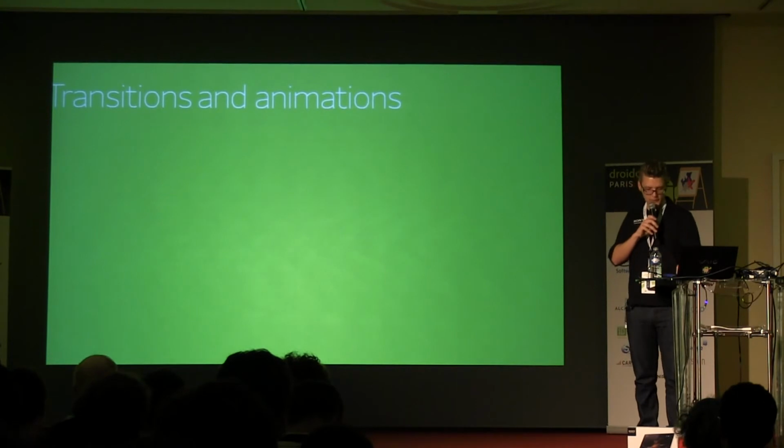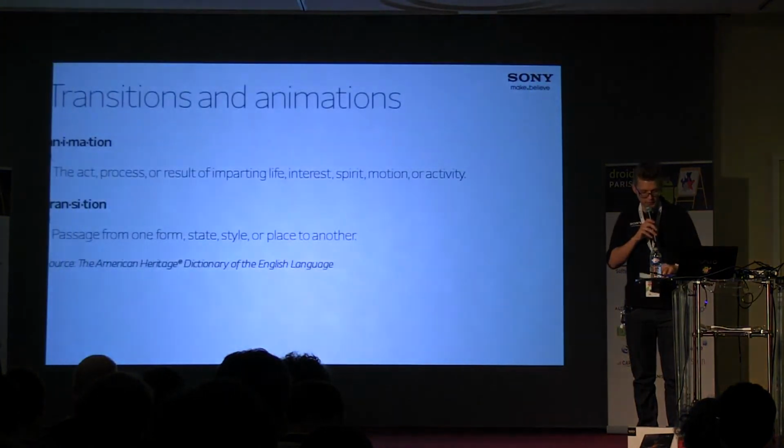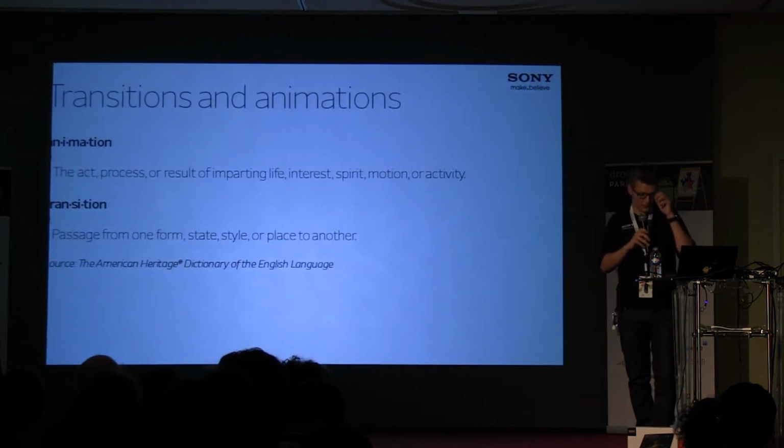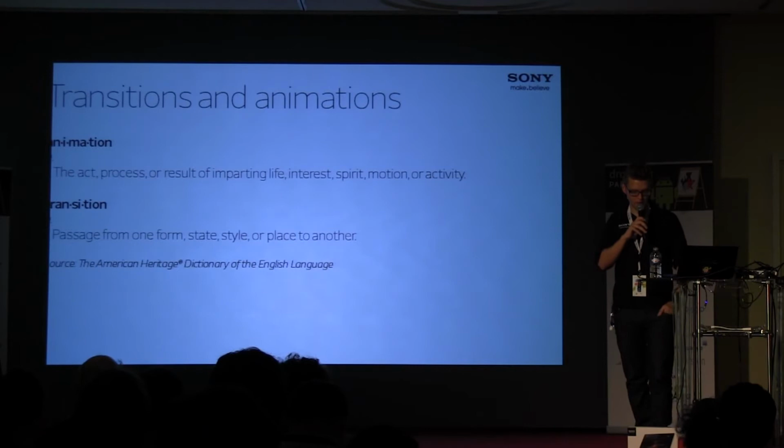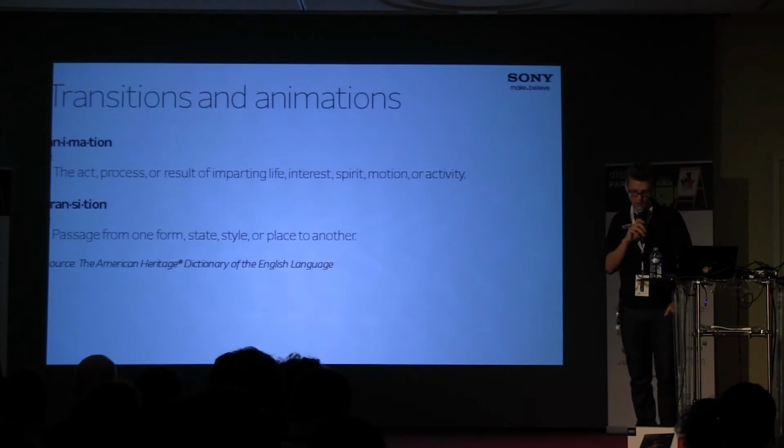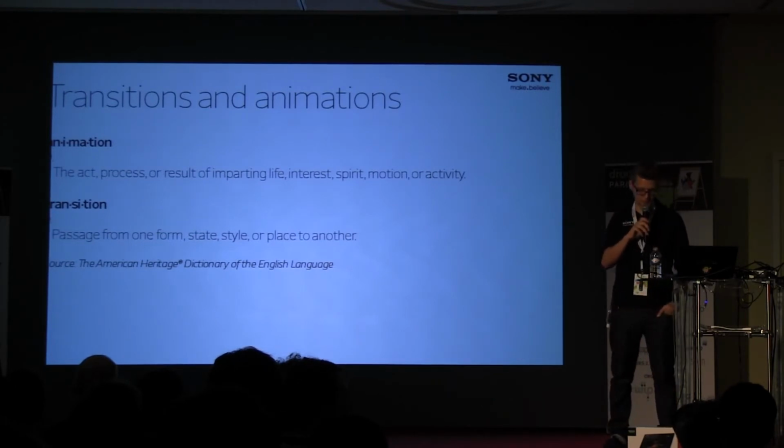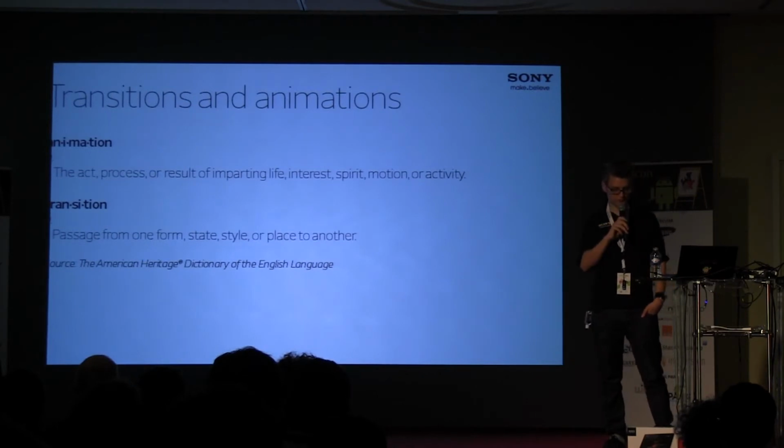And the purpose of transitions and animations is pretty close to the last one. Let's start looking at the definitions of the words here as well. The purpose is quite the same as with perceived performance. It's to make your app feel as alive, responsive, smooth as possible, and to help the users understand what's going on in the application.